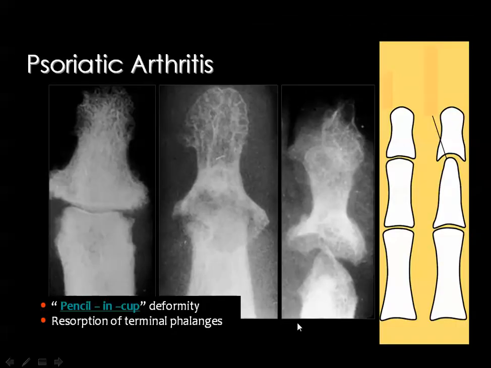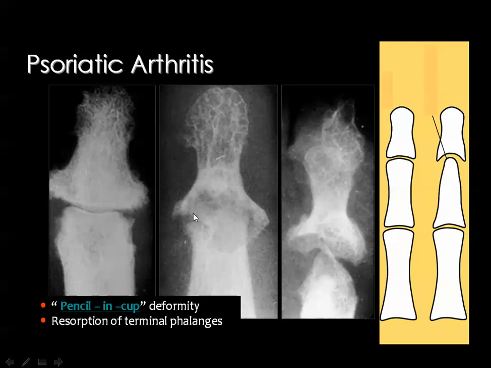And this is the follow-up study of a case of psoriatic arthritis in order to show how the pencil in cup deformity develops. You see here there are some erosive changes in the distal part of the middle phalanx, and you can notice the broadening of the base of the distal phalanx.